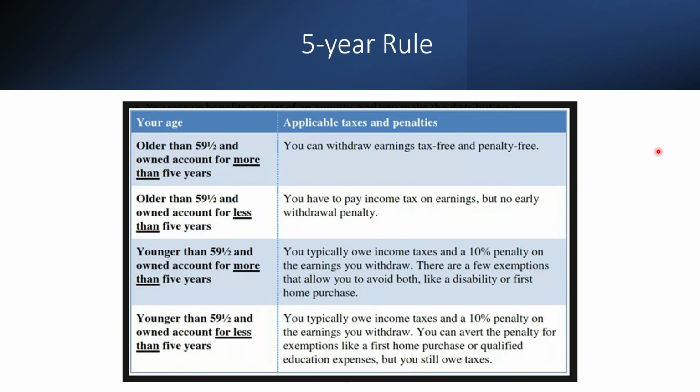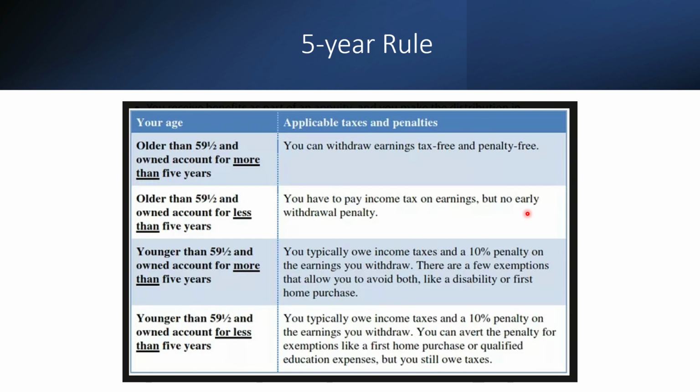We're trying to get to you being 59 and a half and you've had the Roth account open for at least 5 years. If you're older than 59, but your Roth account has not been opened for 5 years, then you have to pay income tax on the earnings if you take them out.